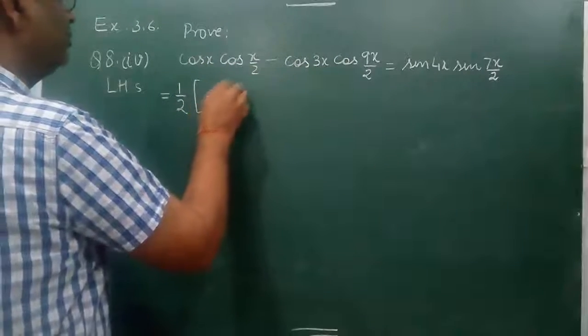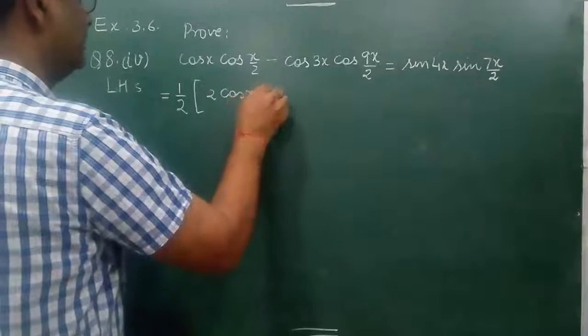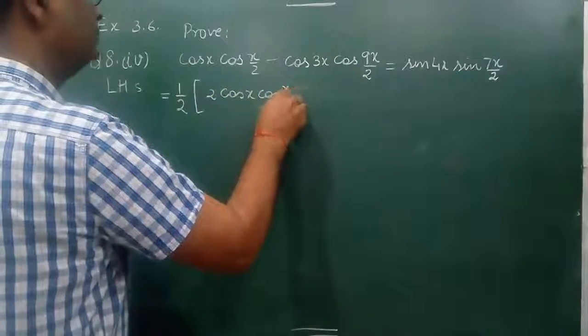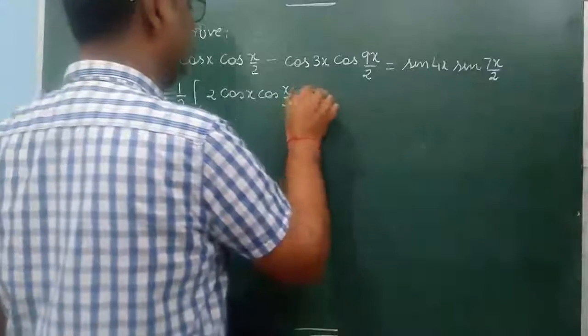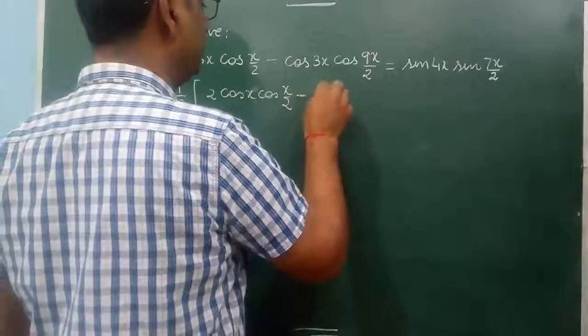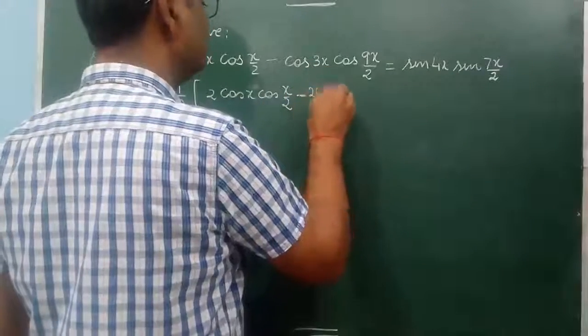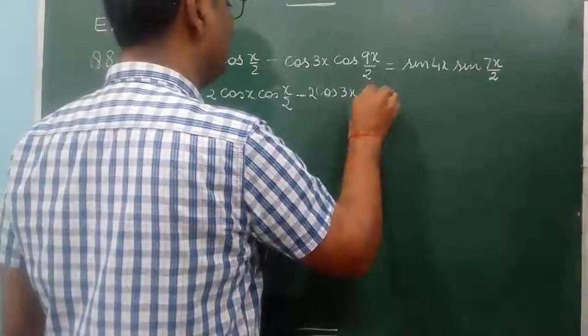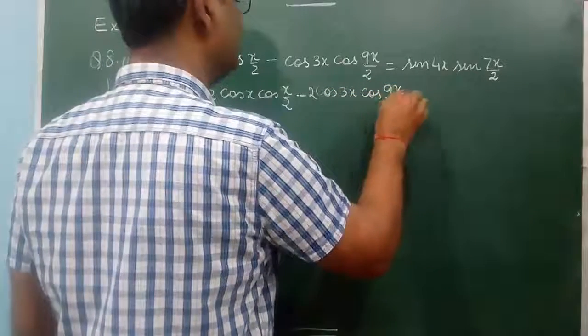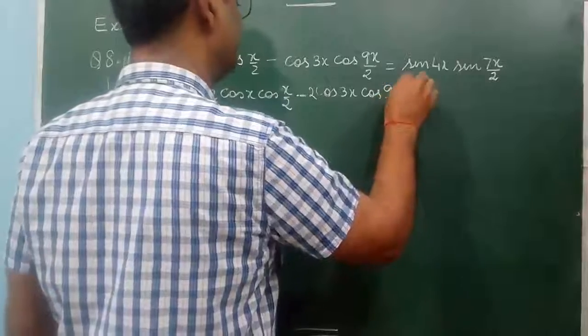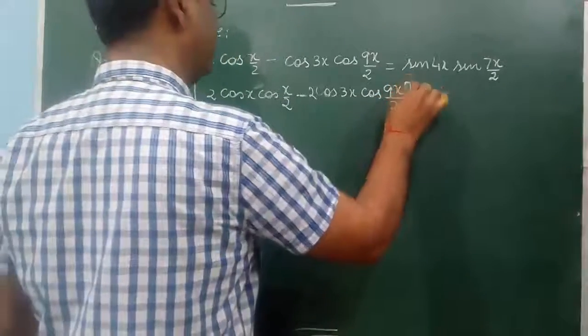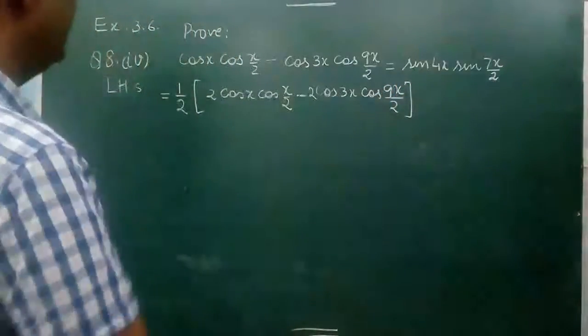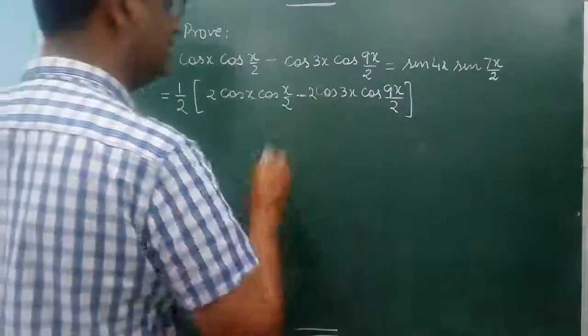So it will be 2 cos x cos x by 2 minus 2 cos 3x cos 9x by 2. This one we have got. Now we can apply the formula in this and in this as well.